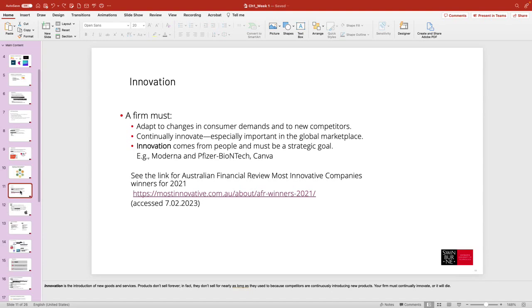Is that one of their strategic goals? Because that will sometimes tell you the nature of the organization, organizational values as well. And I've given you some examples here: Moderna and Pfizer and Canva, how they use innovation to win in the competitive global marketplaces.